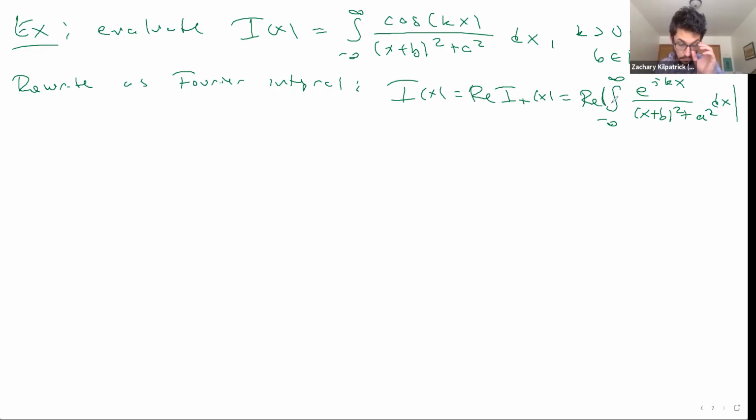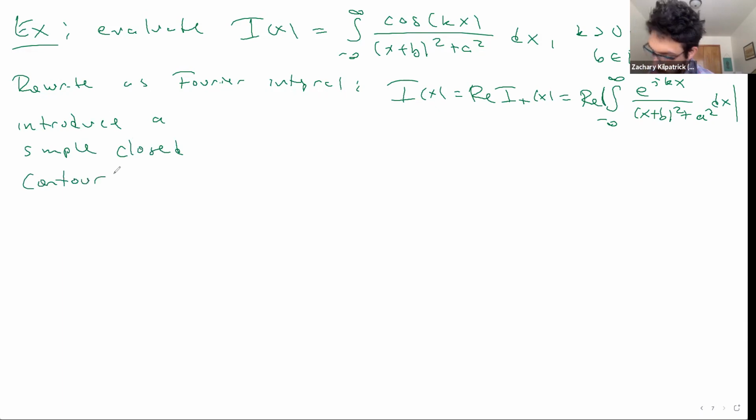Okay. So what I'm going to do, in order to compute this, is introduce a simple closed contour C. The idea is that we suspect we're going to have some poles that we may have to deal with using residues.